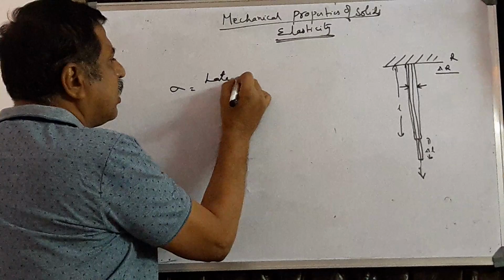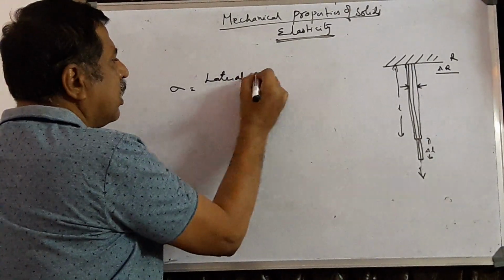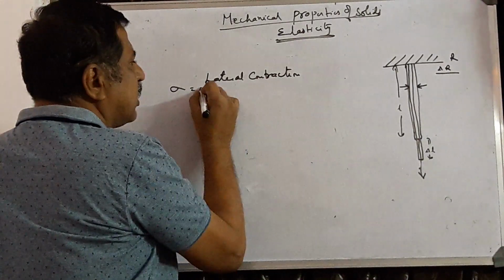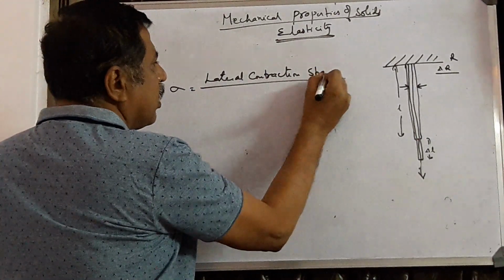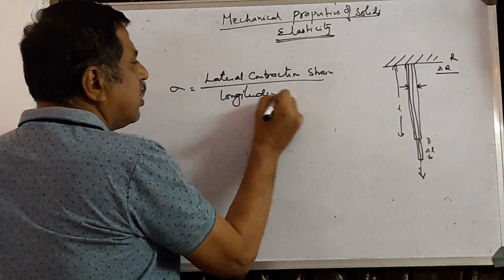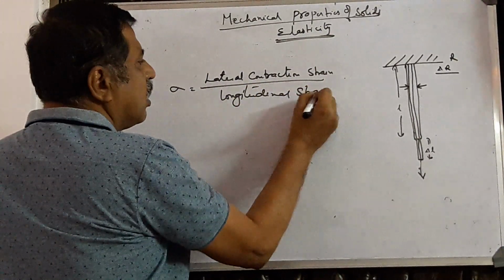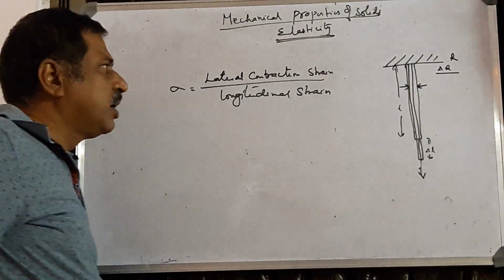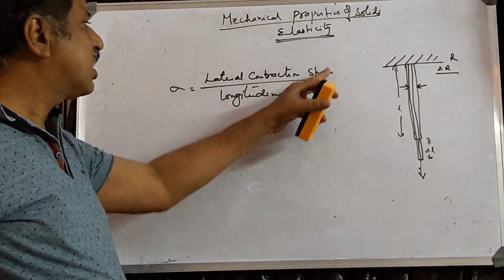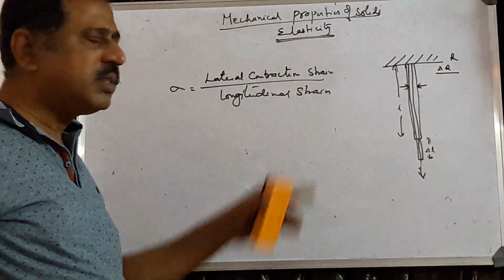Lateral contraction strain by longitudinal strain. It is defined as the ratio of lateral contraction strain to the longitudinal strain within the elastic limit.